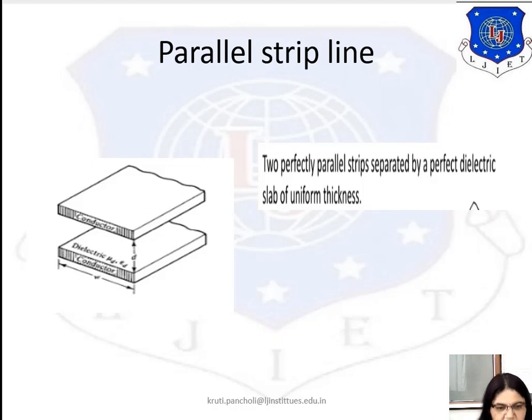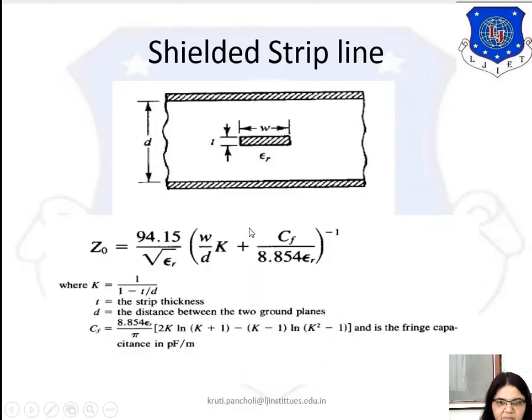The parallel strip line is similar to the two conductor transmission line, and we can see the two perfect parallel strips separated by a perfect dielectric slab of uniform thickness.